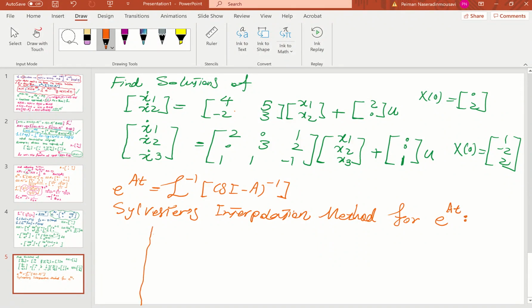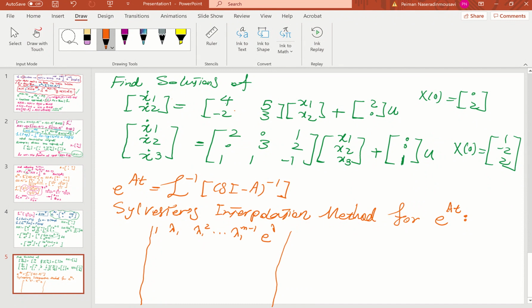It says that you can calculate the matrix exponential through this determinant: 1, lambda 1, lambda 1 squared, up to lambda 1 to the power m minus 1, e^(lambda 1 t); 1, lambda 2, lambda 2 squared, up to lambda 2 to the power m minus 1, e^(lambda 2 t), and it continues to 1, lambda m, lambda m squared, lambda m to the power m minus 1, e^(lambda m t); and finally I, the identity matrix, A, A squared, up to A to the power m minus 1, these are matrices, and e^(At). This is 0.